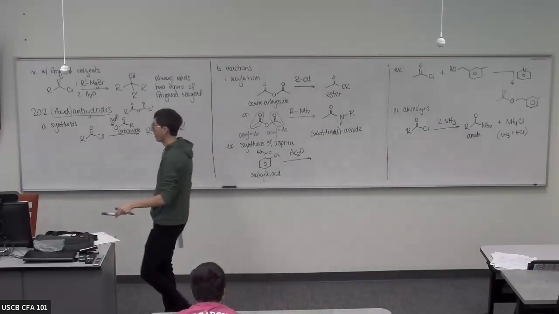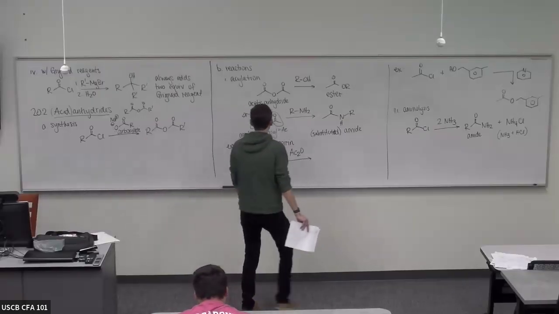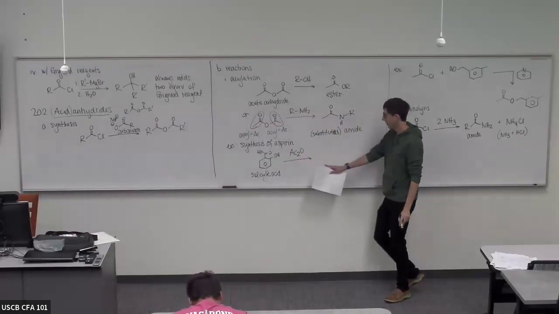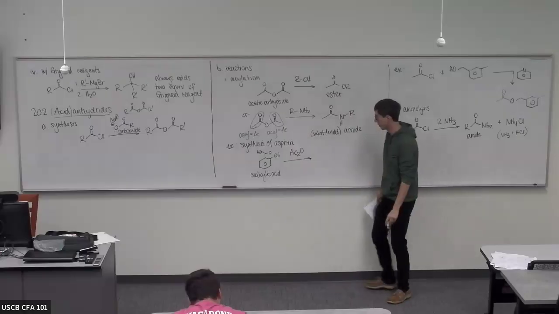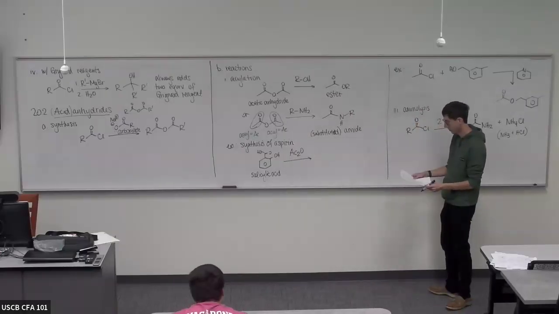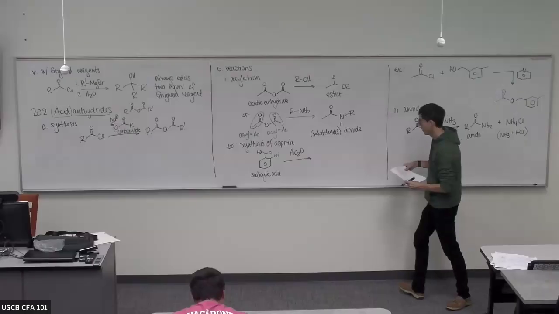So if we say that acyl group is Ac, then there's just an oxygen with two of those groups on it. So that's our abbreviation for acetic anhydride.